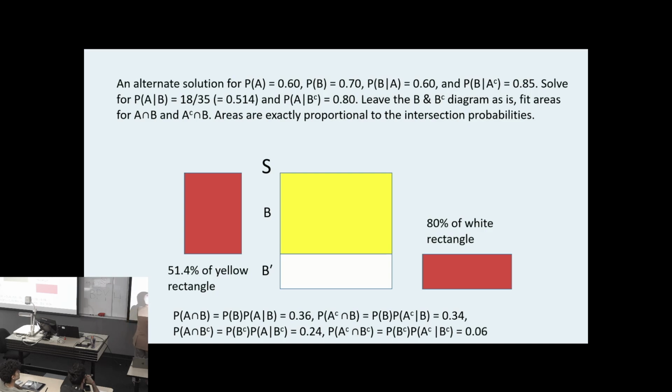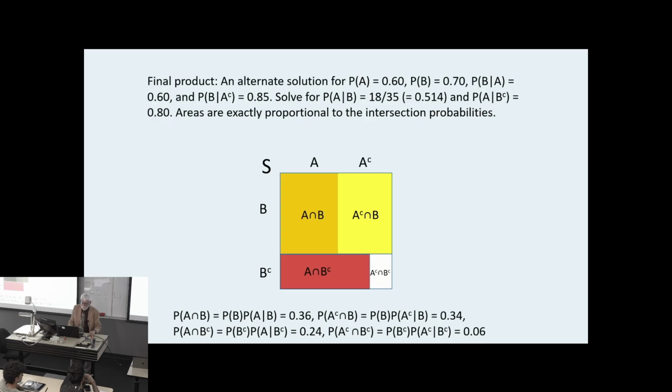And so I can go through and work out each of these intersections. I'll just let you go through and calculate those numbers, and when we superimpose them, we come up with that particular diagram.